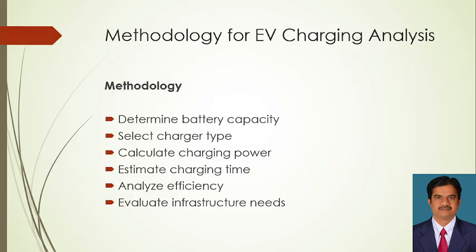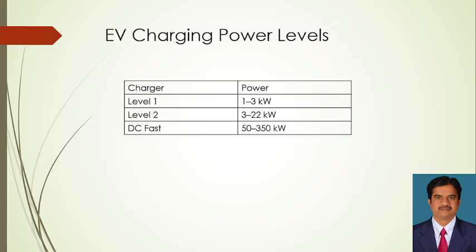Again, the same thing I explained previously. If your power level is 1 to 3 kilowatt, then you need to go for level 1. If your power level is 3 to 22 kilowatt, then you need to go for level 2. That is higher. Here level 1 supply voltage is 120 V AC.